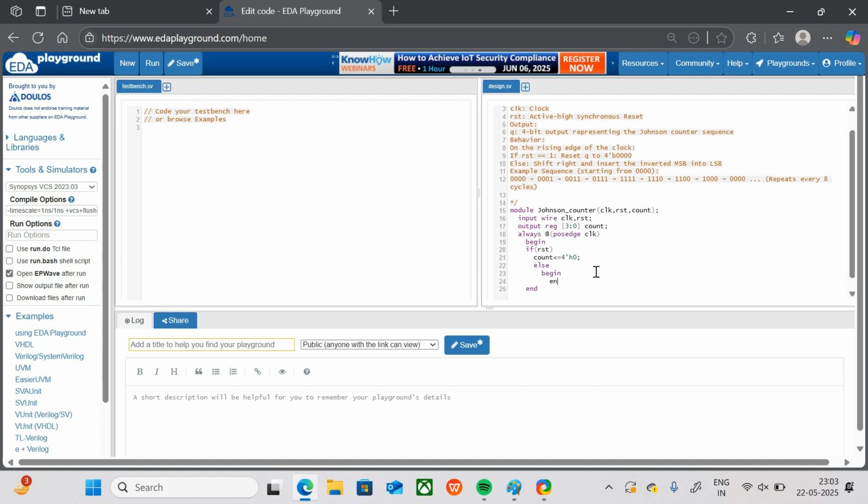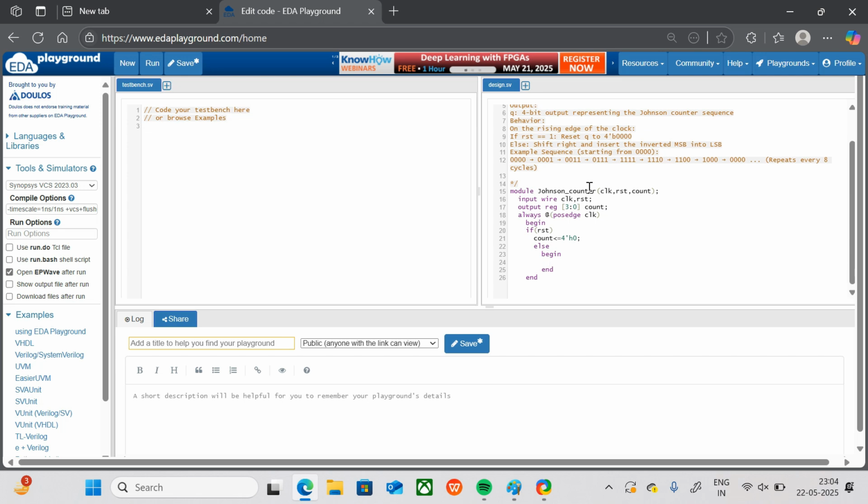You can implement it in many ways, but we have to consider cases whenever such a situation arises, so it will be easy for us to implement this using case. I am considering a case on count.